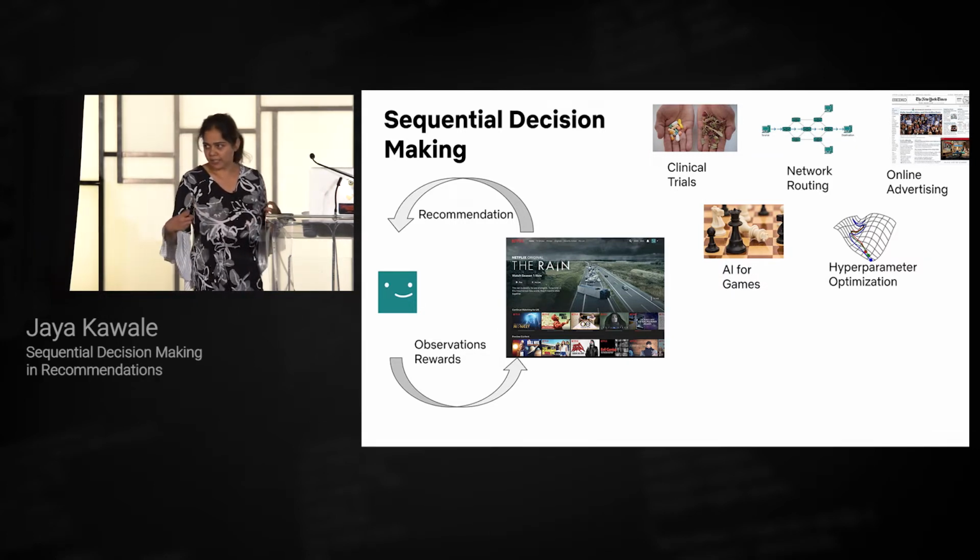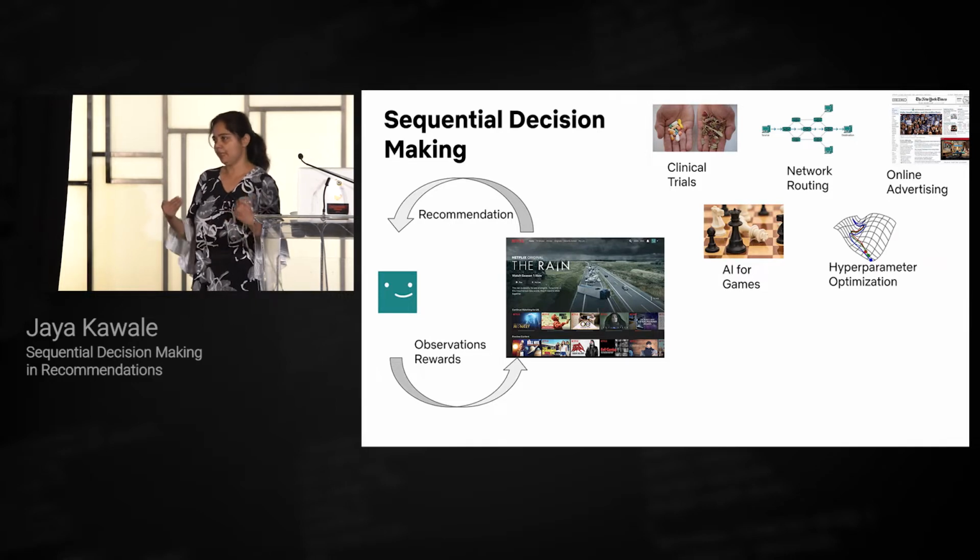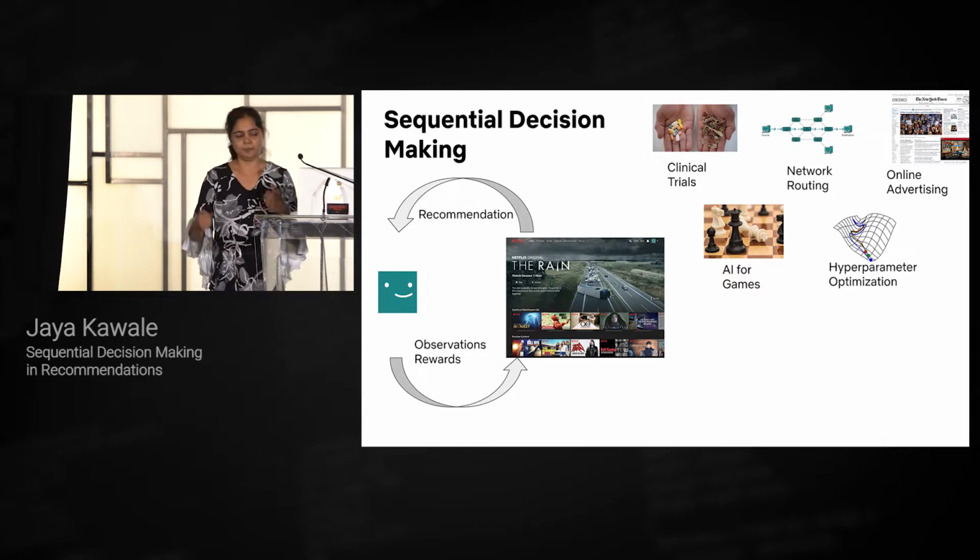So in case of recommendations, what we want these algorithms to do is that we recommend some title to the members. They provide us some feedback, some observations, and some reward. We take that back into account and recommend it to the members.